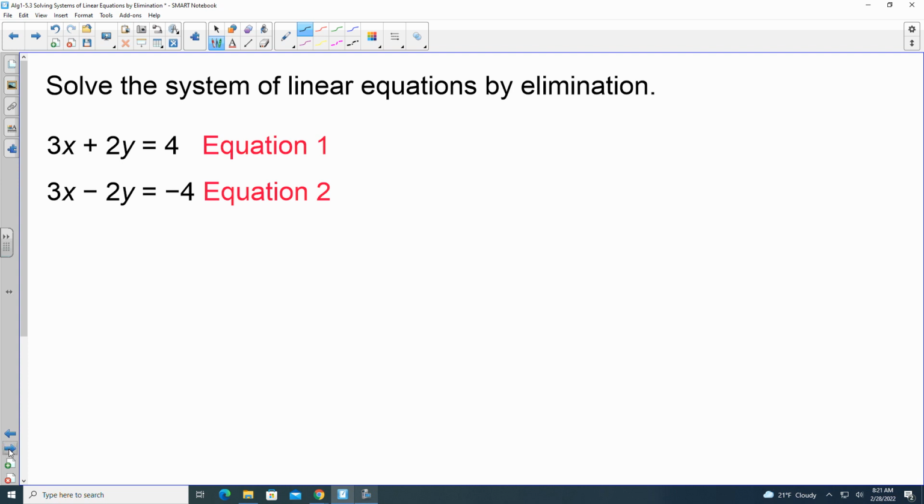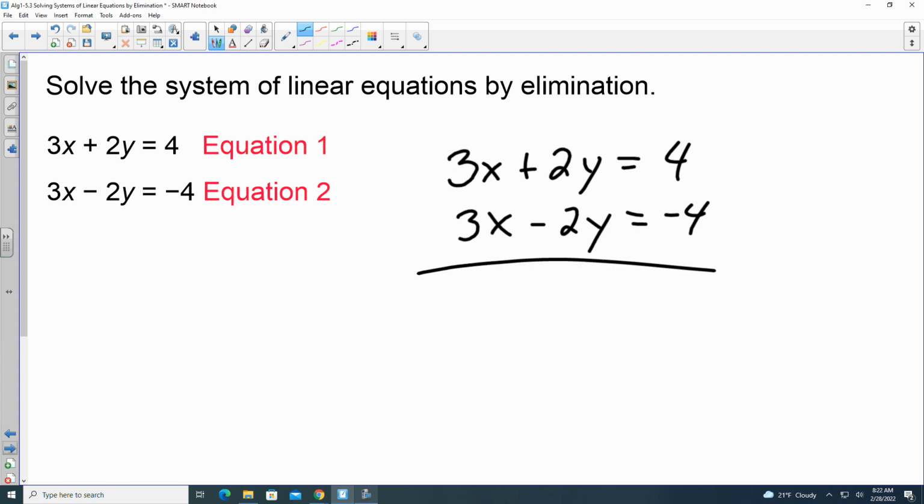Since I already have an opposite coefficient of that particular variable, I don't need to multiply any one value or any one equation in order to eliminate one of the variables. I already have all the necessary things I need to eliminate the variable y. So what this does is it allows you to just add everything that is like terms.